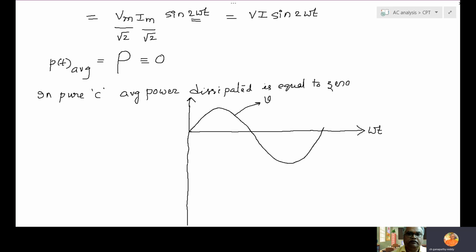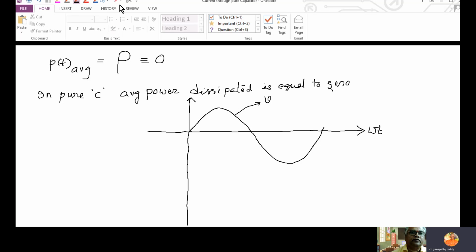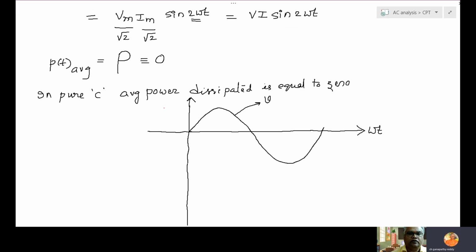This is V, and current is leading by 90 degrees.